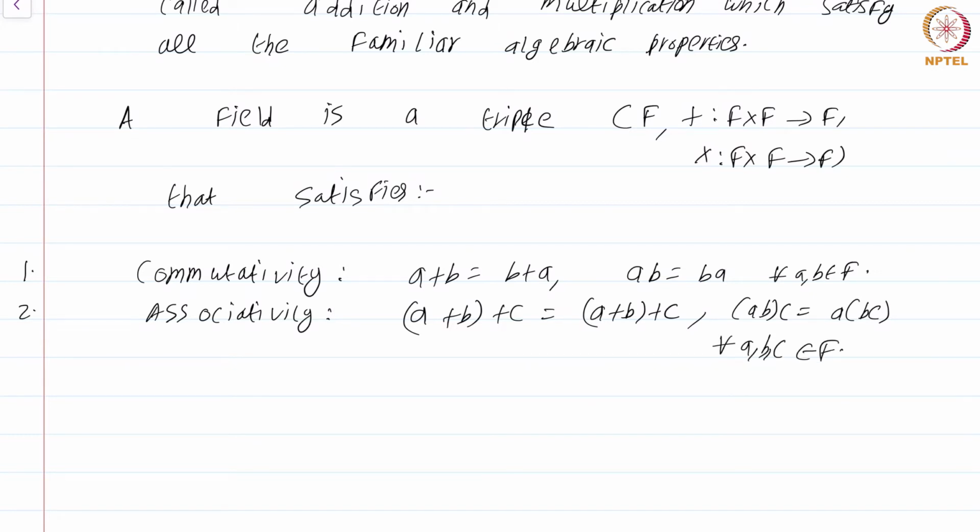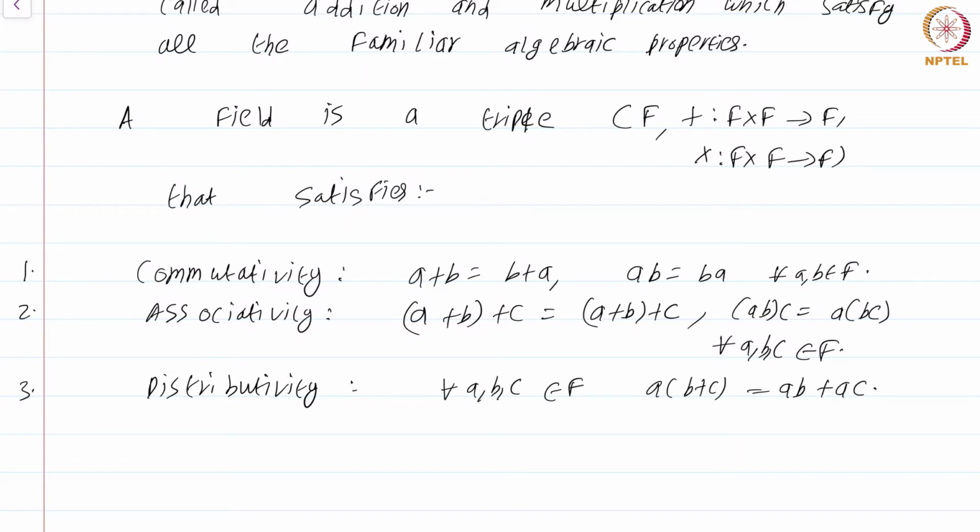The third property is distributivity. So far, the properties that we have written all have to do with either addition or multiplication. This is the first property that involves both. For all a, b, c in F, a times (b plus c) is ab plus ac. 4.